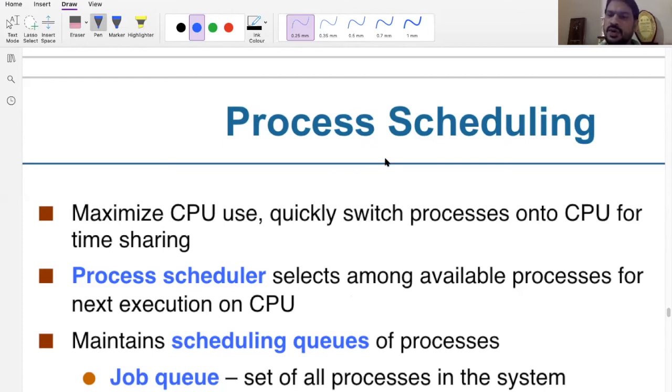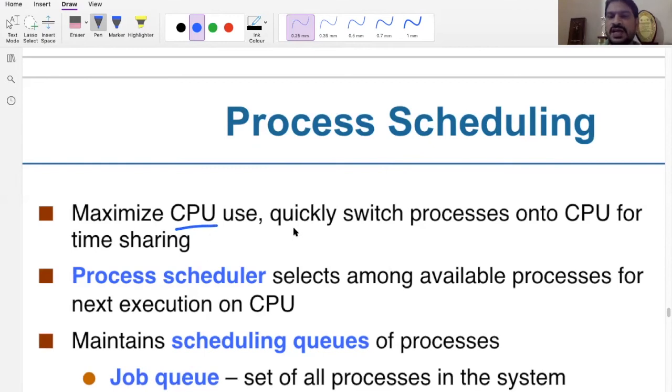Now there are some more reasons why we do all these transitions. The first reason is the multi-programming operating system. To make a multi-programming operating system, we need all these transitions, from the CPU or running state to the ready state, or ready state to the running state. The second reason is CPU utilization.